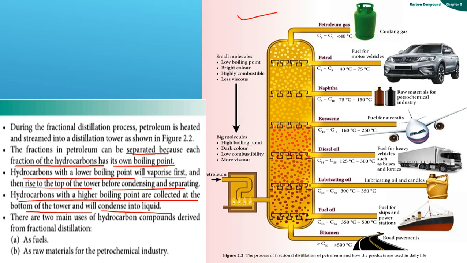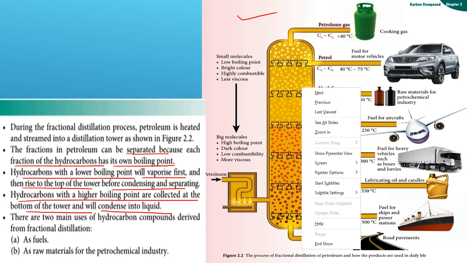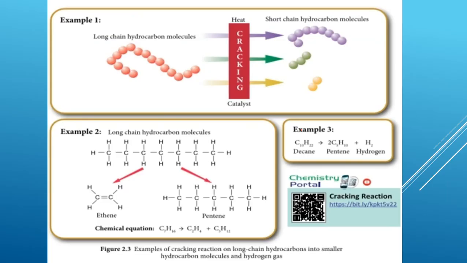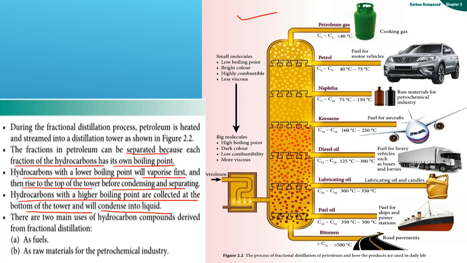Okay, semakin ke bawah, dia punya boiling point itu adalah tinggi. So bila dia tinggi, so dia akan condense into liquid. Okay, contohnya di sini, ini fuel oil, dia punya boiling point ini 350 to 500.